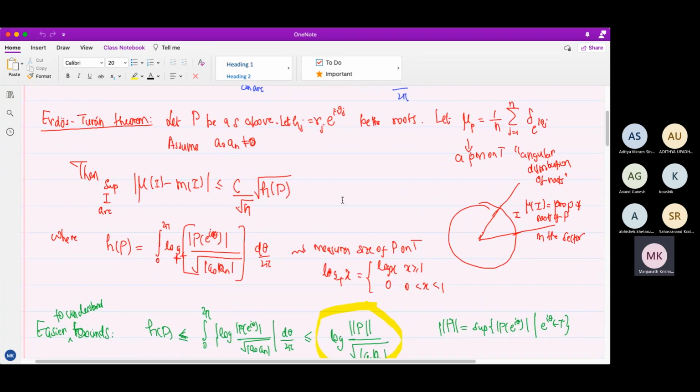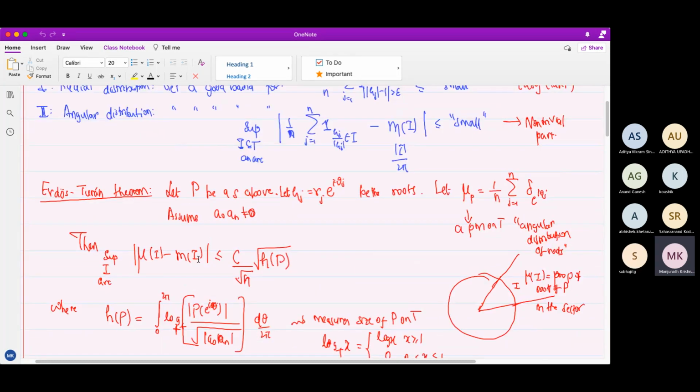And then we showed that the proportion of roots in a sector minus the angle of the sector over 2 pi is bounded by a constant times the square root of h of p over the square root of n. Here n is the degree of the polynomial, and h of p is the size of the polynomial on the unit circle measured like this.